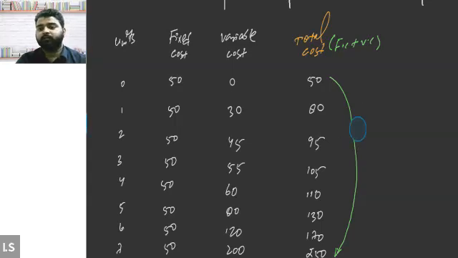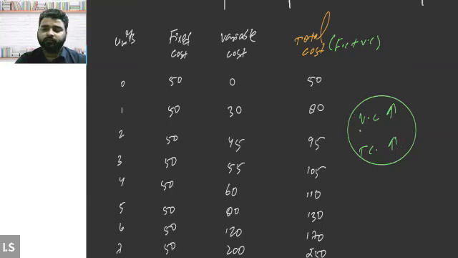So here is a similarity between the total cost and the variable cost, that as production increases, variable cost and total cost both increase, right? This is the similarity between total and variable cost.